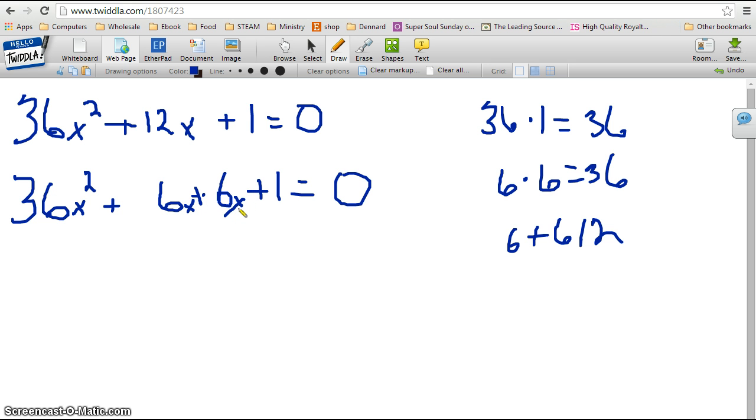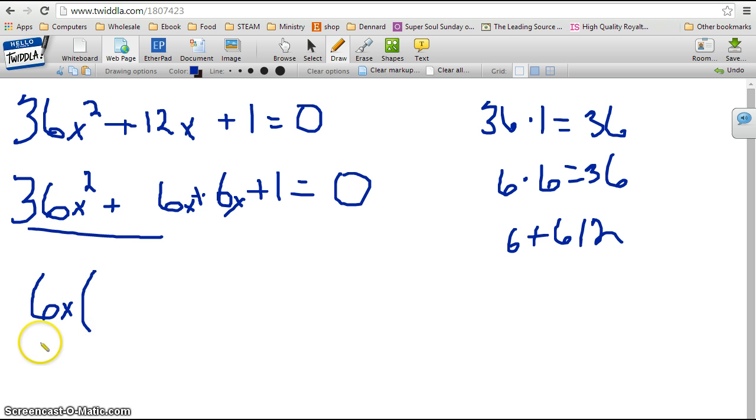Okay? Now, when I look at these first two numbers, what number can be divided into both of these numbers evenly? Or what is my greatest common factor? I know that 6 can go into 36 and 6 can go into 6. But look, I have x squared and I have an x. So I know my greatest common factor is going to be 6x.